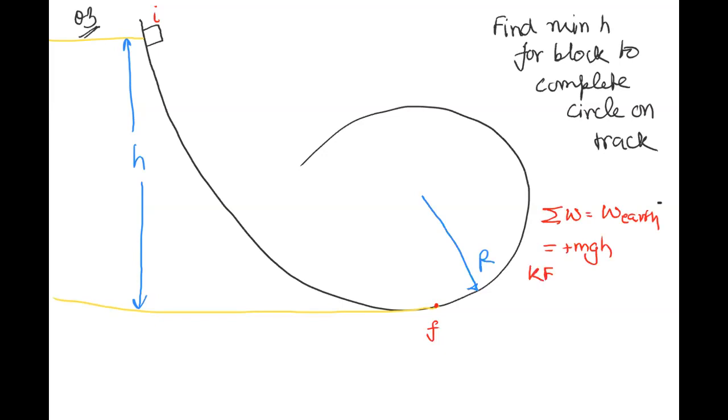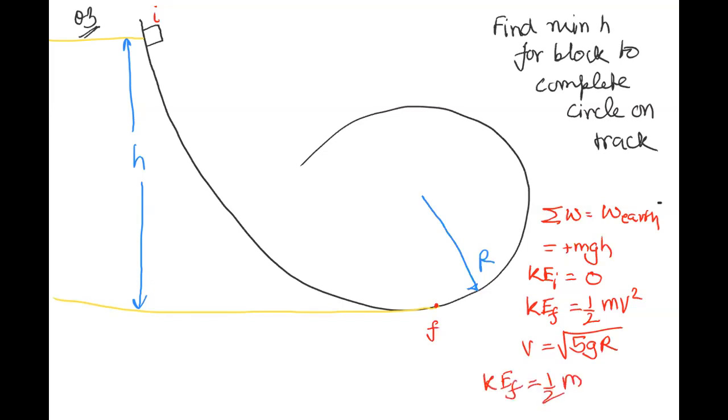Initial kinetic energy is 0. Final kinetic energy half mv square, where v is equal to root of 5gr. So final kinetic energy half m 5gr.